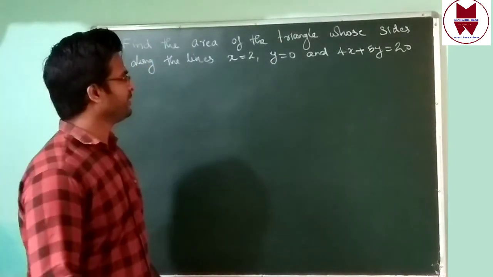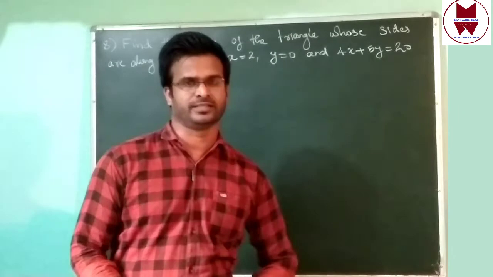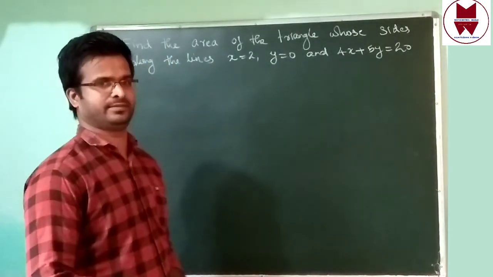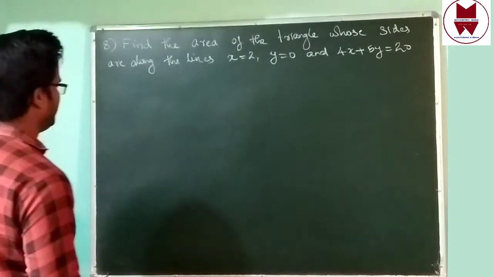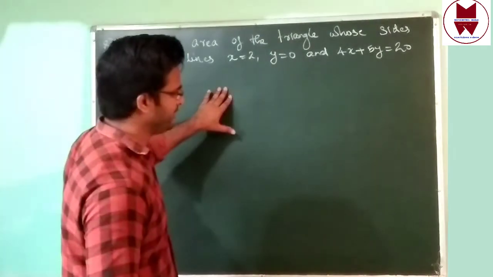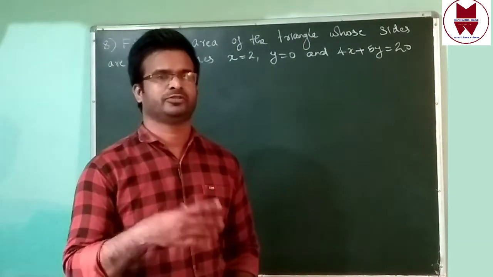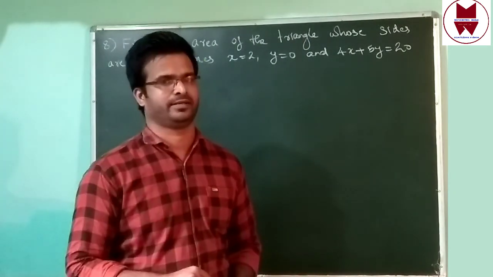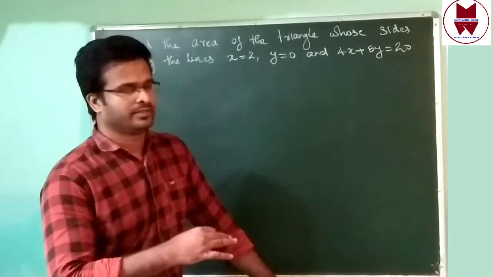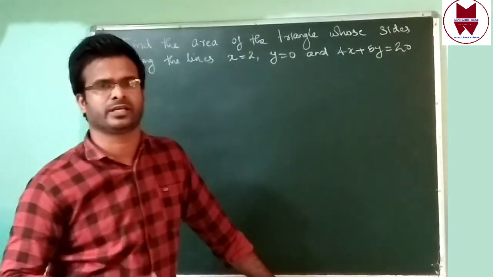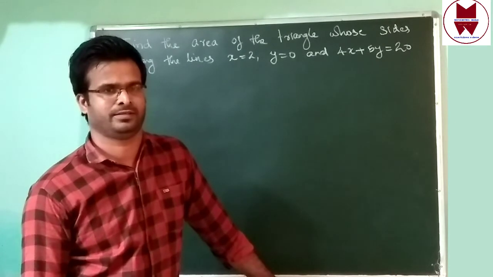Here 3 equations are given, the equations of 3 lines. Using these 3 lines we are going to make one triangle. We have to find out the area of the triangle. Using only these equations we cannot find the area of the triangle, isn't it?